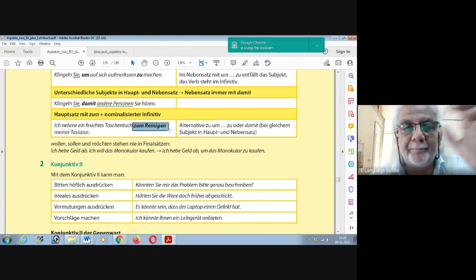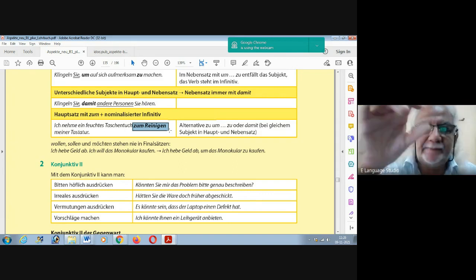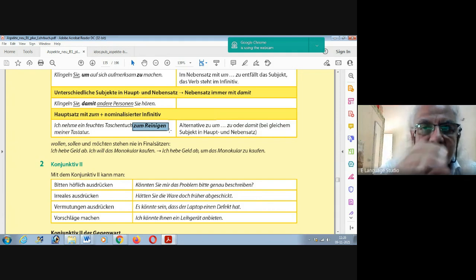Feucht, damp: something which has been put under a tap, or some little water is there, some moisture, it is moist. Taschentuch, handkerchief, or a pocket cloth, literally, napkin. So I take a damp handkerchief for cleaning my keyboard.